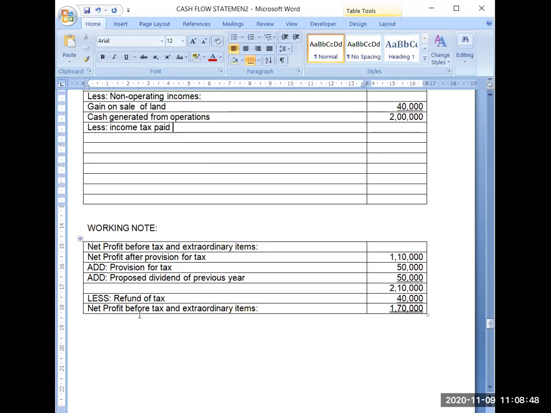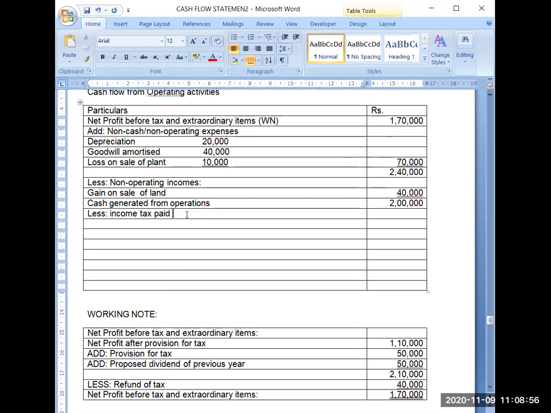Because at the time when we are calculating net profit before tax, at that time we have subtracted this refund of tax, that needs to be adjusted in income tax paid also. So you should write it here 50,000. 50,000 you have paid and 40,000 you have got back. So ultimately you have paid only 10,000.